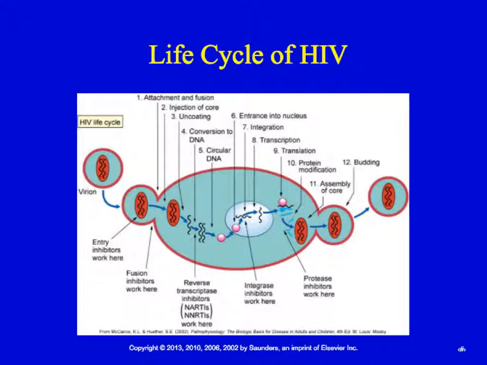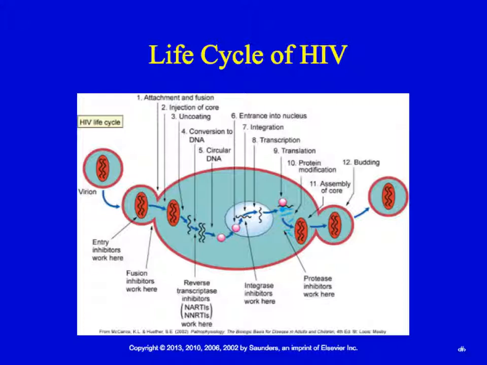And then the enzyme integrase helps complete the infection of the CD4 cell. So these 2 enzymes really help the HIV virus take over the cell and replicate itself. There's one other enzyme involved.